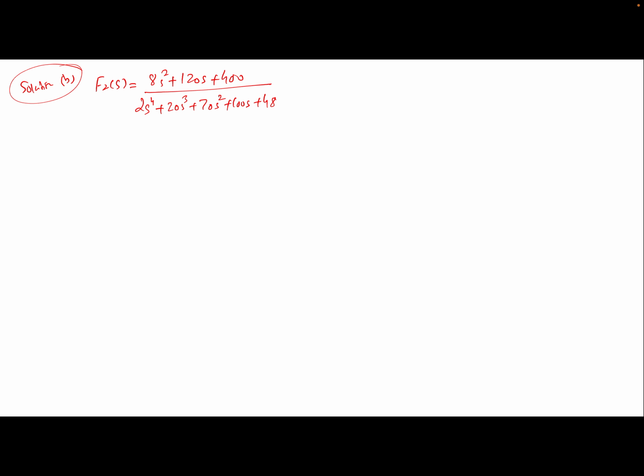Now let's start with the numerator. The numerator is again 8. Let's first take 8 out. So I am left with s squared plus 15s plus 50, right? So 50 times 8 is 400. Okay, and I can further solve this quadratic equation by doing again s equals minus b plus or minus the square root of b squared minus 4ac over 2a.